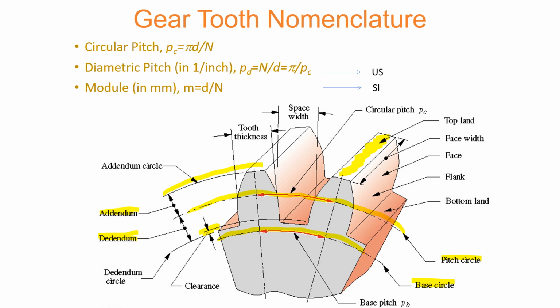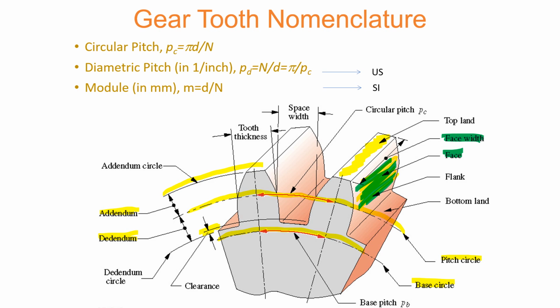The face is going to be this surface. Let me use a different color over here, this surface. This is going to be the face. And then the face width is going to depend upon the width of the tooth profile. You're going to define that dimension with that.